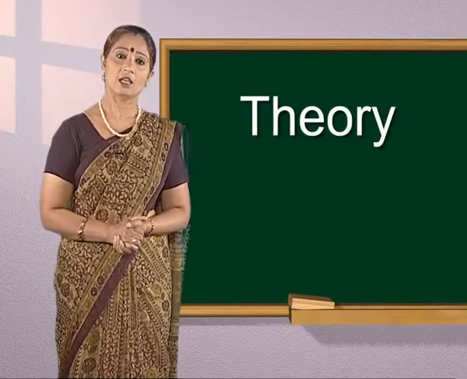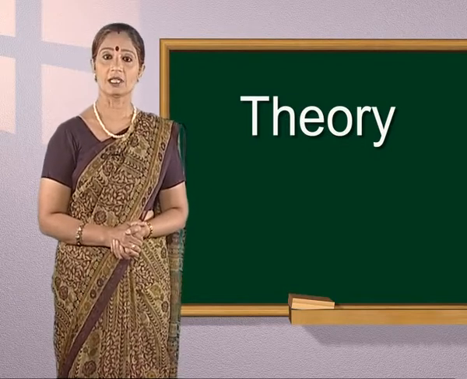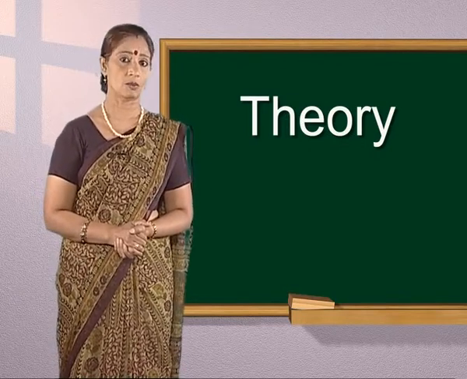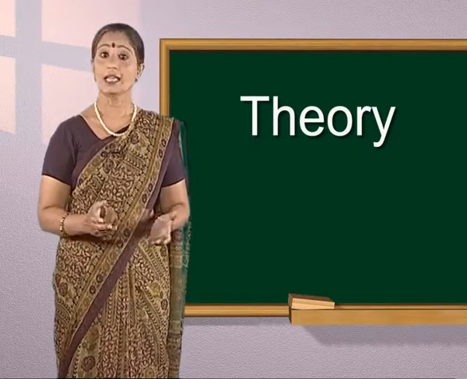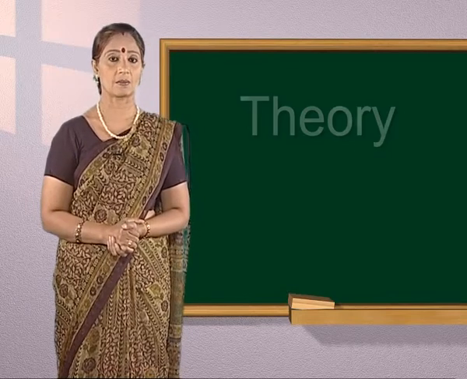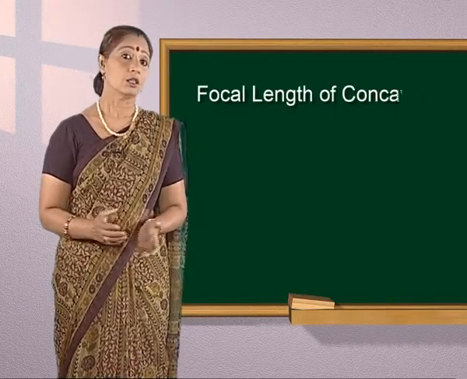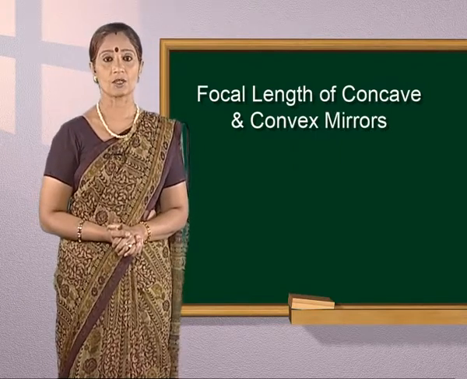The theory behind this says a convex mirror always forms a virtual image, and therefore its focal length cannot be found directly. To find the focal length, an indirect method is used.